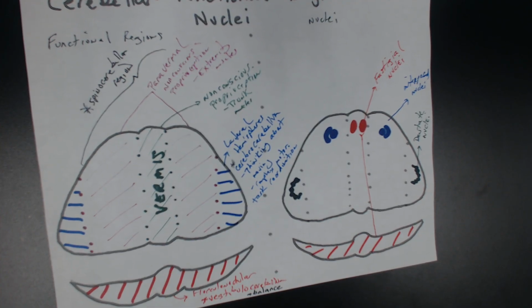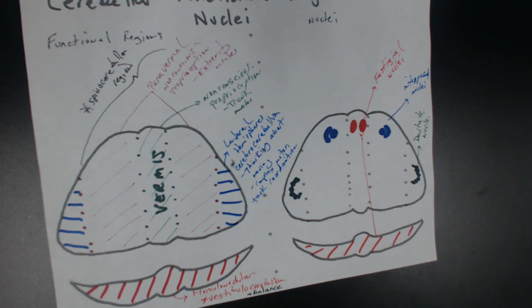Dentate nuclei are going to be responsible for information coming in to the lateral hemispheres of the cerebellum, or information traveling in the cerebrocerebellar pathway. Questions? Yes. Is the cerebrocerebellar region just a pathway?